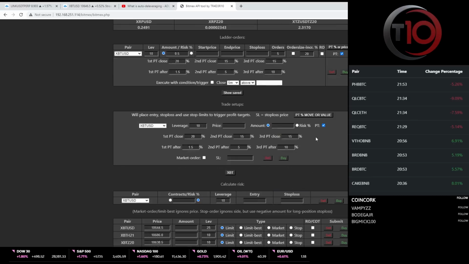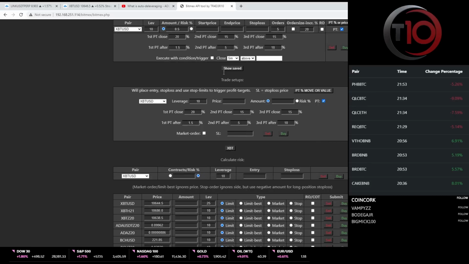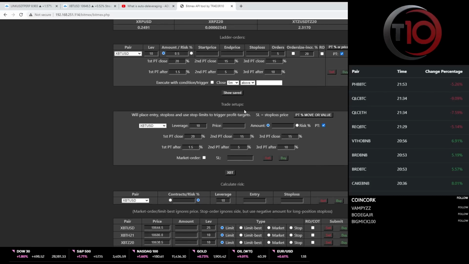Yeah. So the trade setup is more or less the same as the ladder, but it's a single order. With the trade setup, you can also mark it in. I usually don't mark it in, but you have the possibility to do that, and it will also trigger the profit targets and so on.